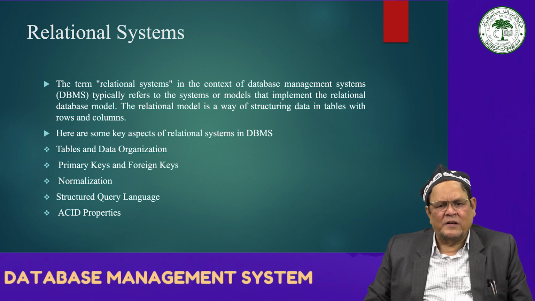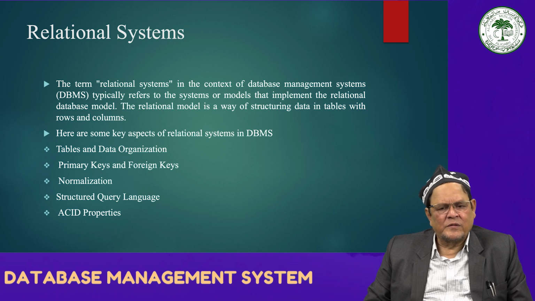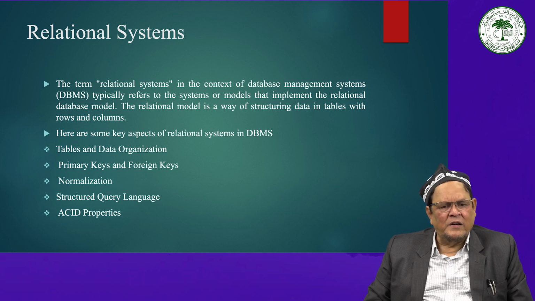Relational database management systems are software systems that implement the principles of the relational model. Here are some key aspects of a relational database system in the DBMS: tables and data organization, primary key and foreign key, normalization, structured query language, and the last is ACID properties.